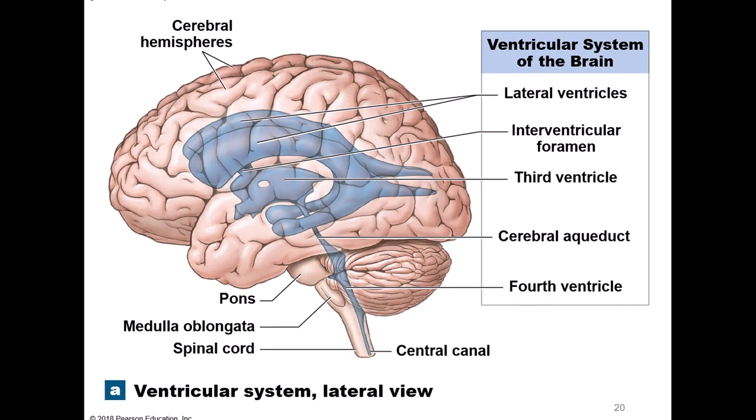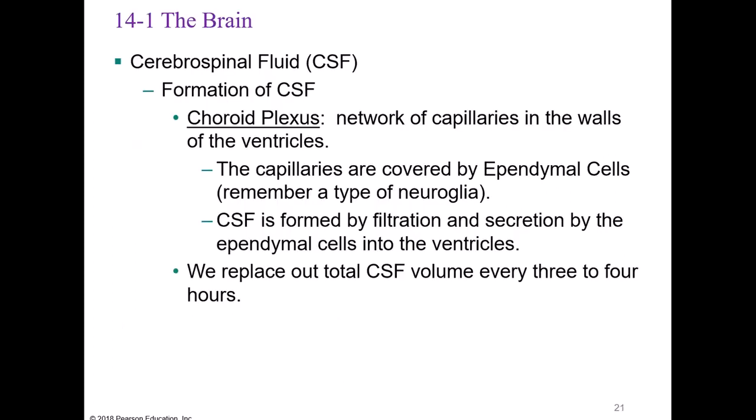Again, here's a picture of the ventricles. We'll go back to that and show you how the fluid circulates. Before we do that, though, let's take a look at how cerebrospinal fluid is formed. There is a network of capillaries located in the walls of the ventricles. We're going to call these capillaries the choroid plexus.